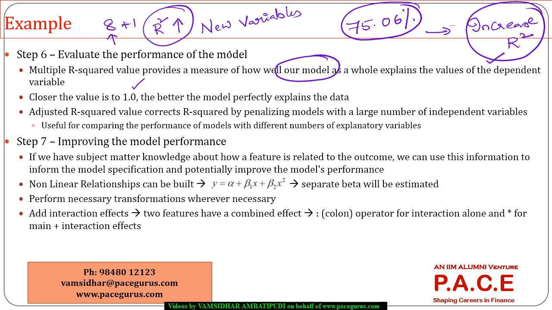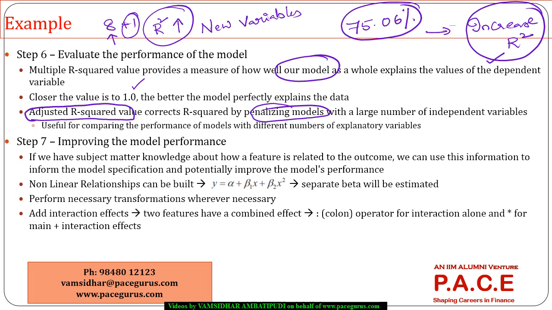To understand that, there is some basic manual calculation called adjusted R square, which is like a small penalty applied for the additional variable that you are adding to the model.